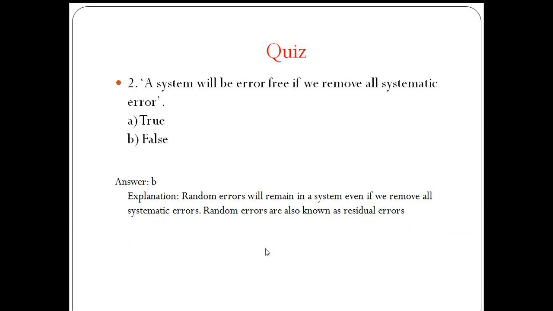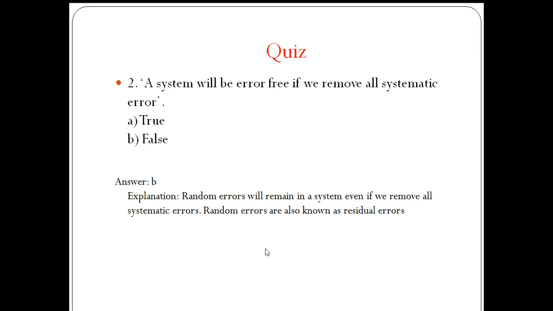Next question. A system will be error free if we remove all systematic error. Here they have given a statement. Option A true, option B false.